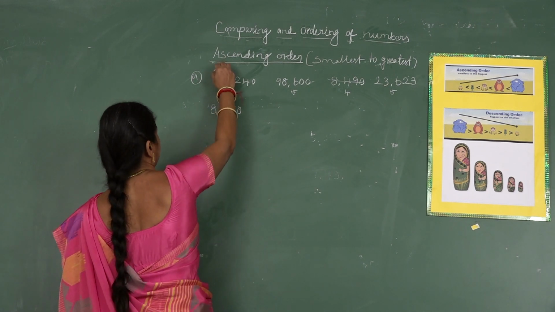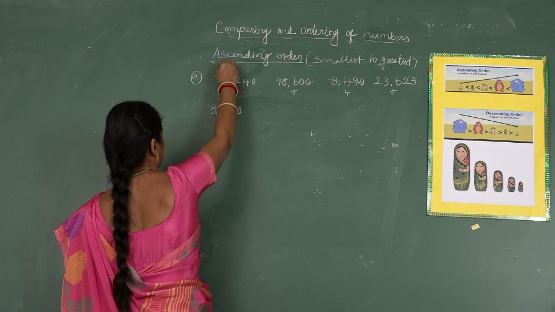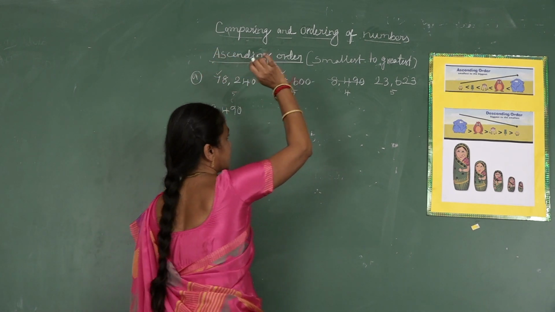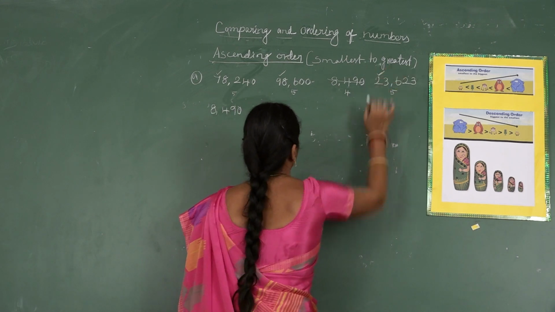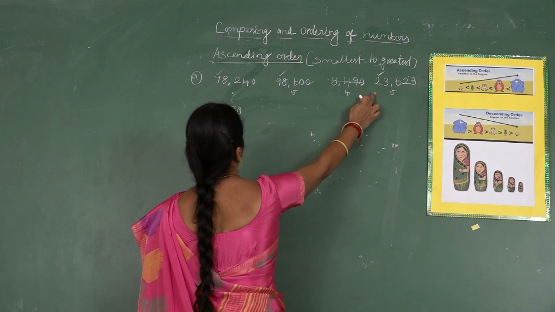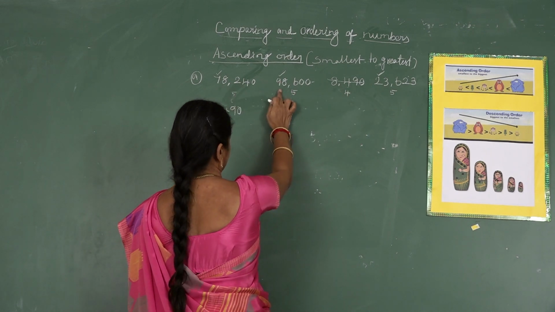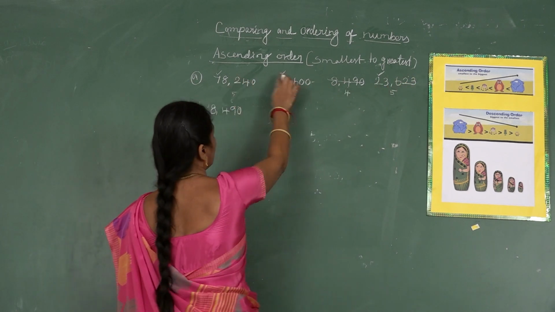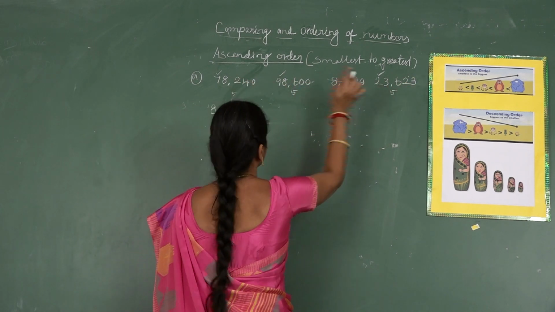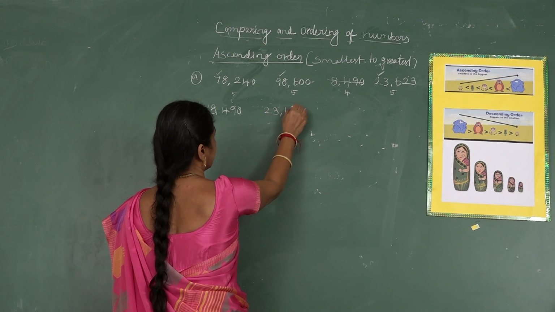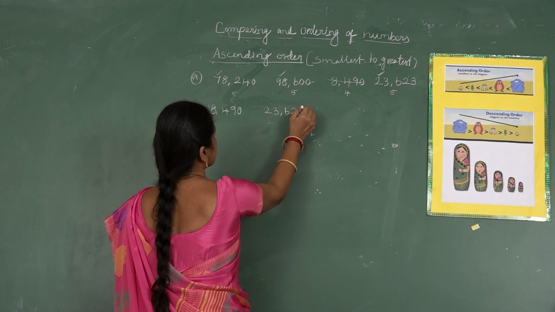In 10,000 place, here 7, here 9, here 2. The 2 is less than 7 and 9. So this number is less than these 2 numbers. So we write 23,623 in the second place.